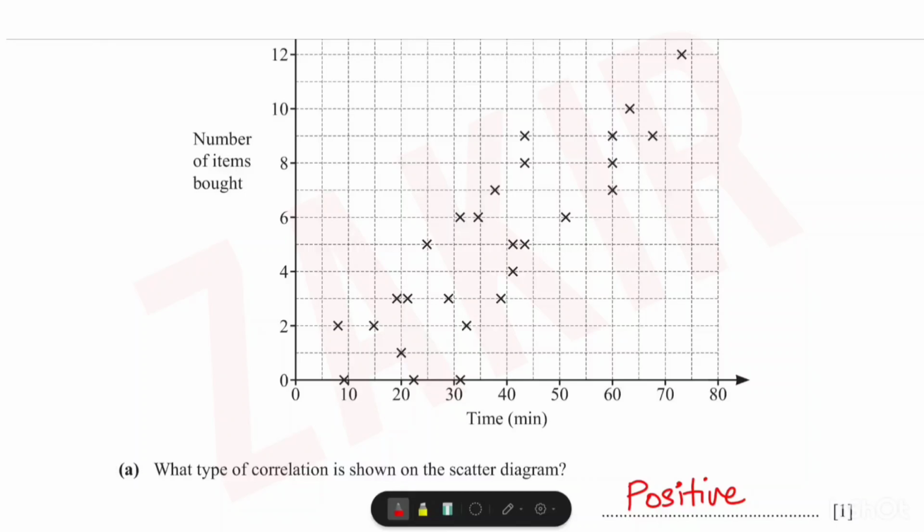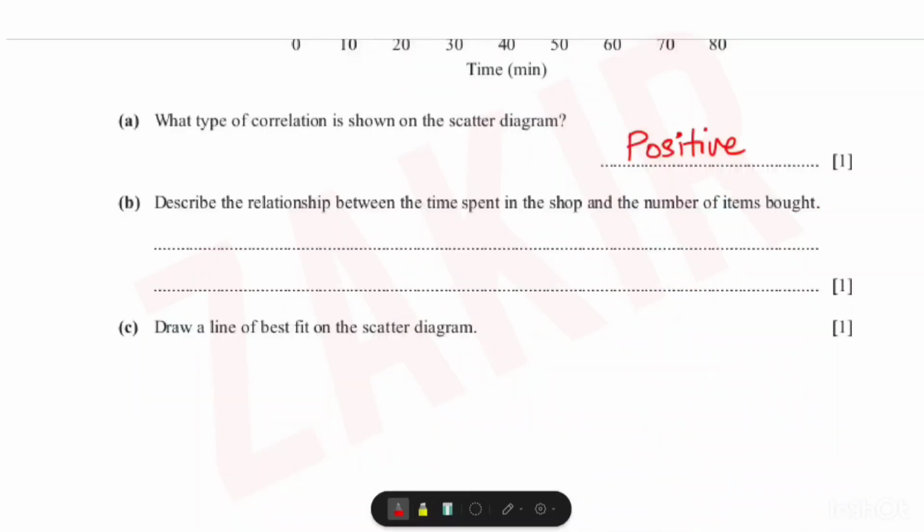The height of the scatter data increases also. So you can see that if you move towards the right, the height of the data which is scattered here is increasing. So this is positive correlation, right? If you read the basics of scatter diagram, you will see that this is a positive correlation, right?